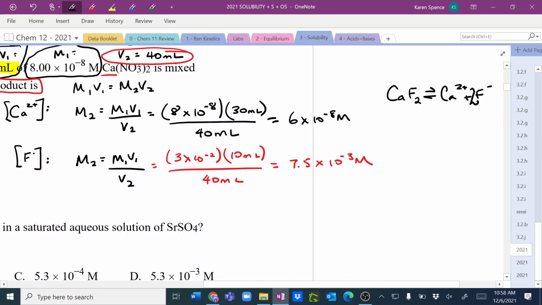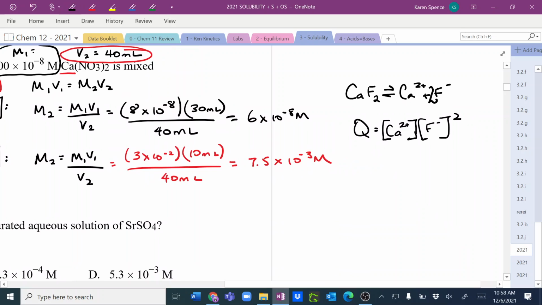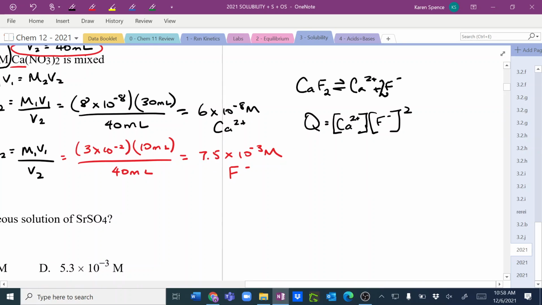So the KSP, or the Q, or the trial, is equal to the concentration of calcium times concentration of fluoride squared. So calcium's easy, I plug that in. 6 times 10 to the negative 8.